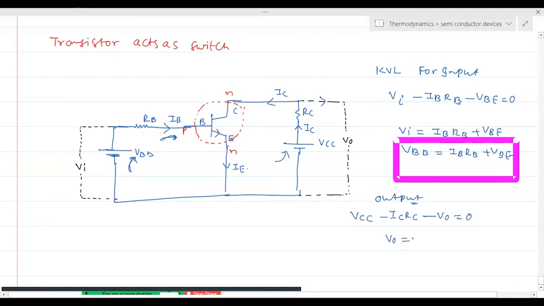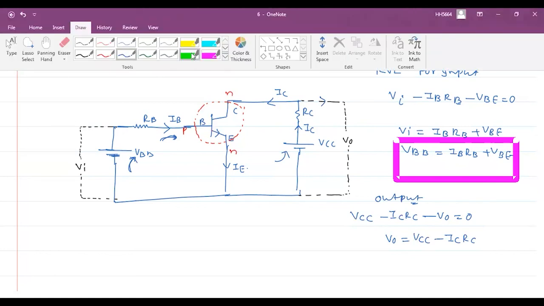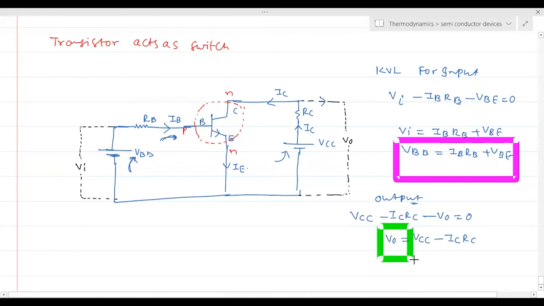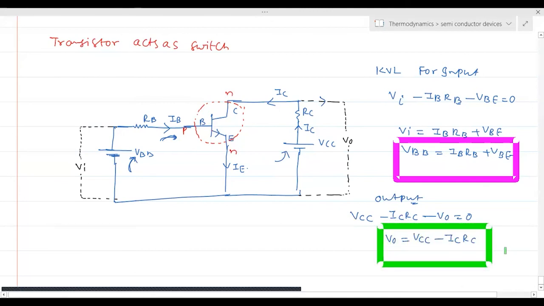Therefore VO equivalent to VCC minus ICRC. These are very, very precious equations. These are very important, and these are not easily understandable in your book.